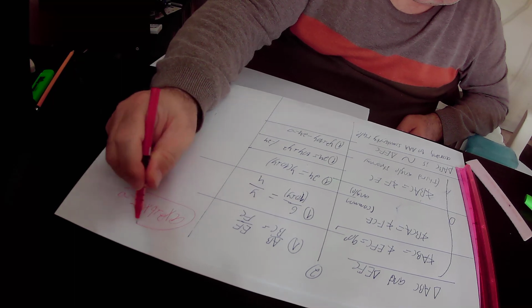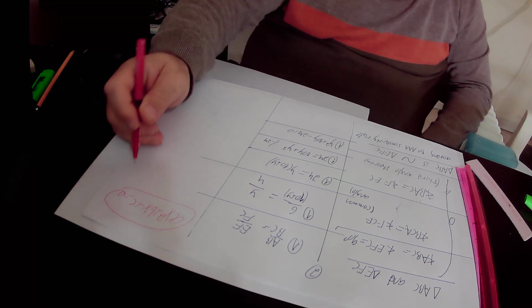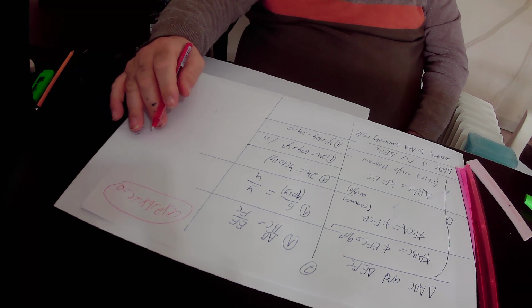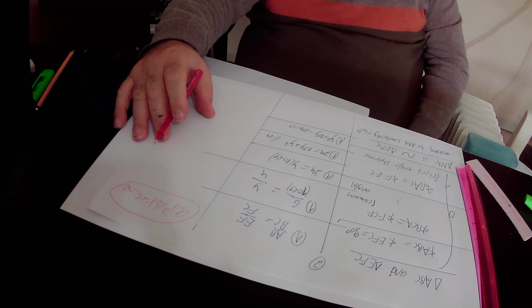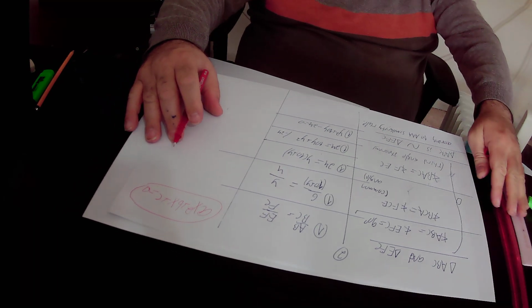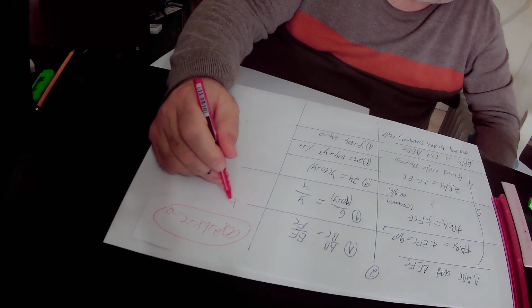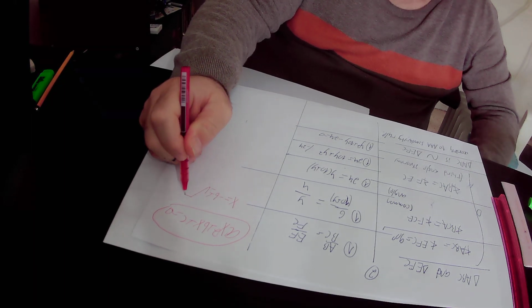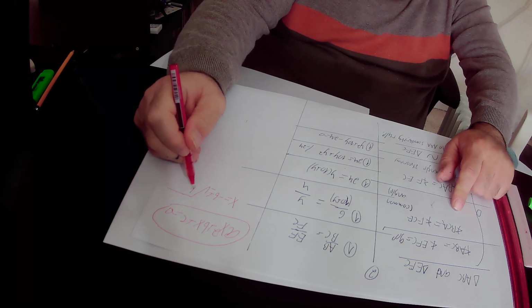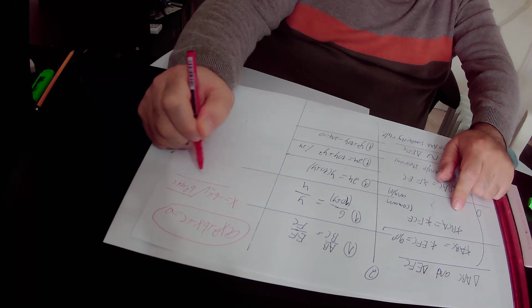In this general quadratic equation, a, b, and c are the coefficients, and x is the variable that we are looking for. We'll find the value of x according to the following formula. x equals minus b plus or minus the square root of b squared minus 4ac, over 2a.